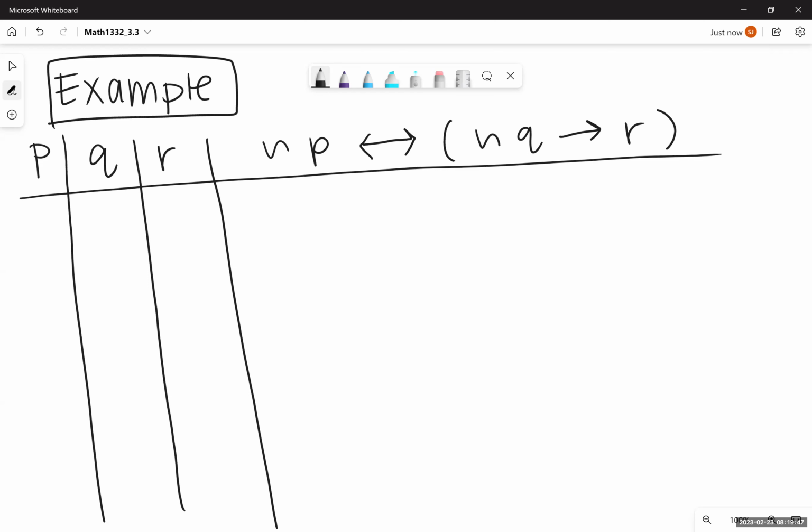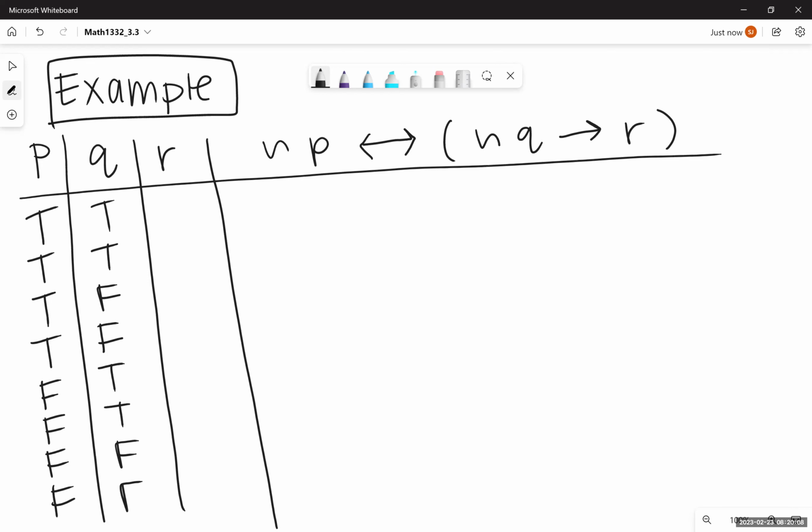Q is 2, 2, 2, 2. R is, it alternates. Okay, like there is a pattern. But remember the P's, Q's, and R's, stuff like that, you're given all these values. I've just yet to figure out how to simplify teaching this without having to write all of these.